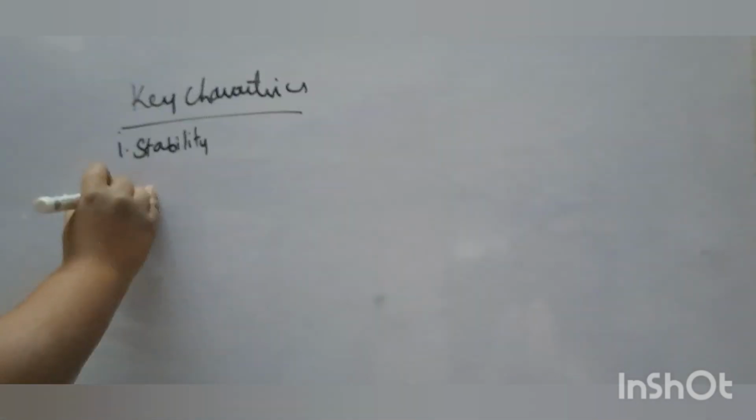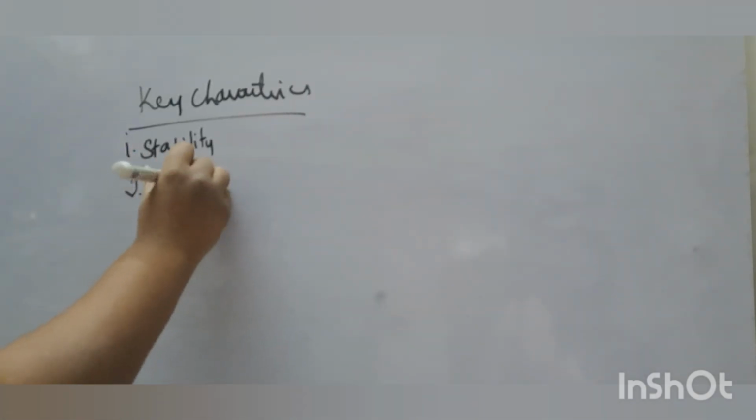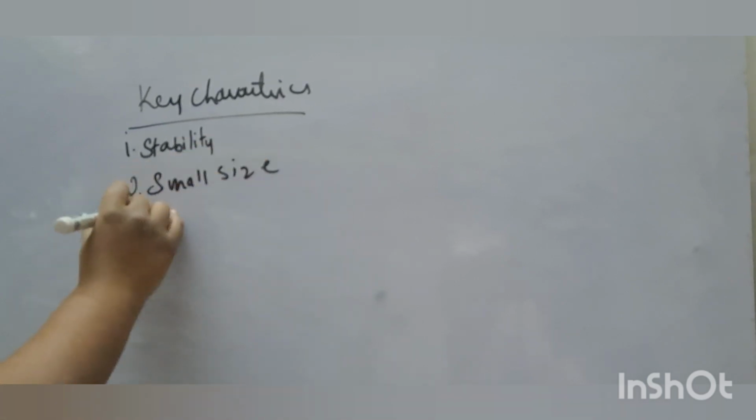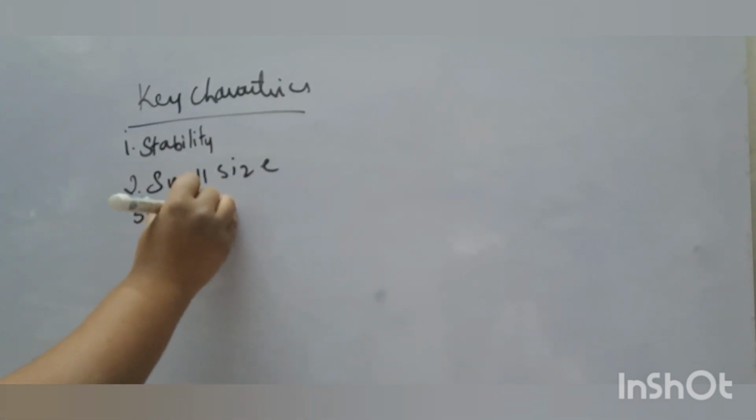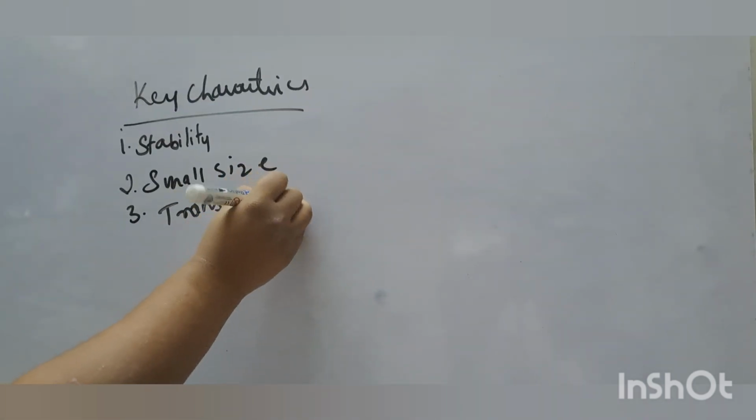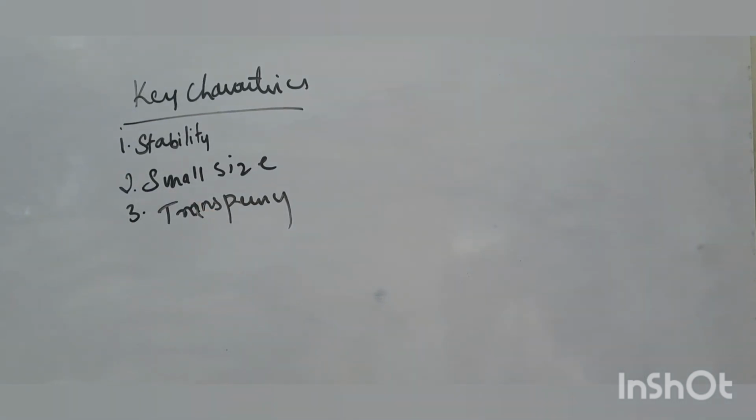So the key characteristics of nano emulsion are stability, small size, and transparency.